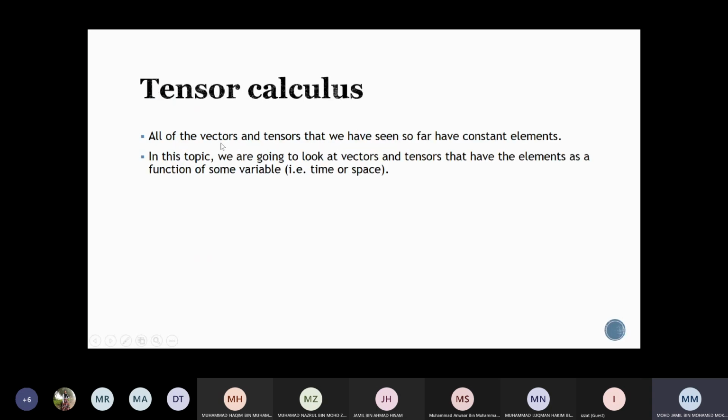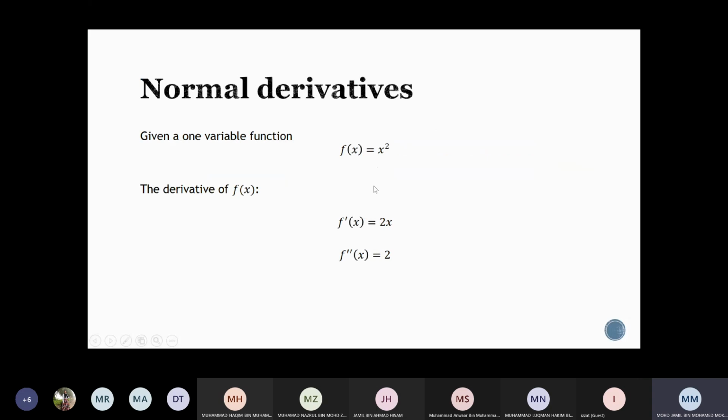So all of the vectors and tensors that we have seen so far contain constant elements, like constant values, numbers. So in this topic, we are going to look at vectors and tensors that have elements as a function of some variable, maybe in time or space. So let's review some of the calculus that you have learned.